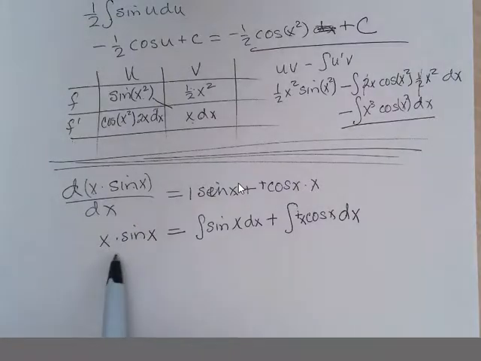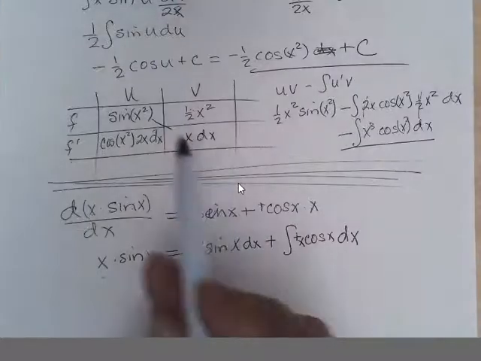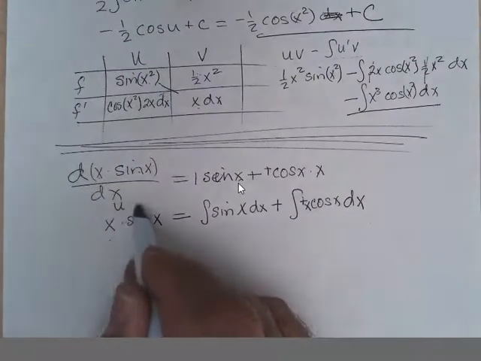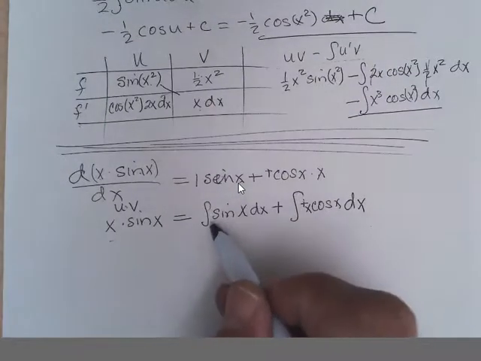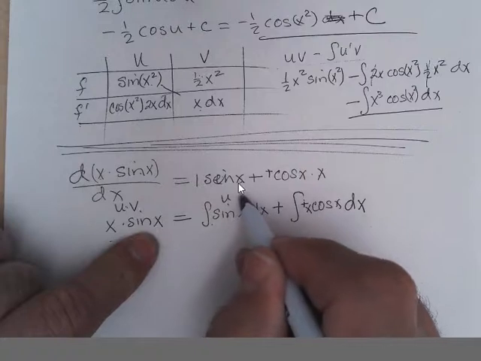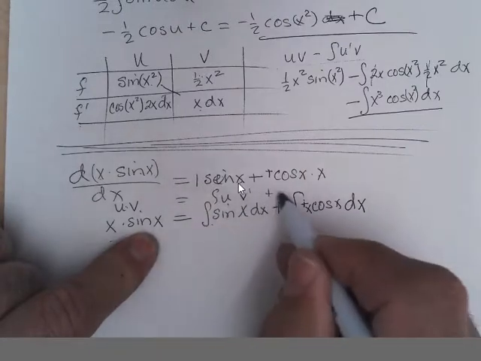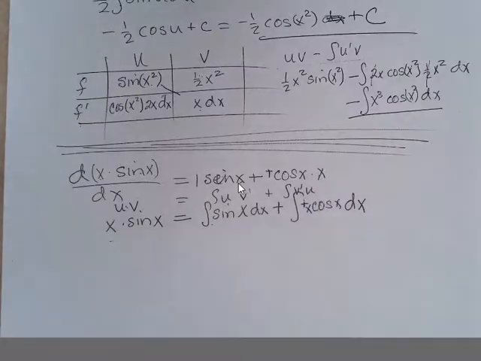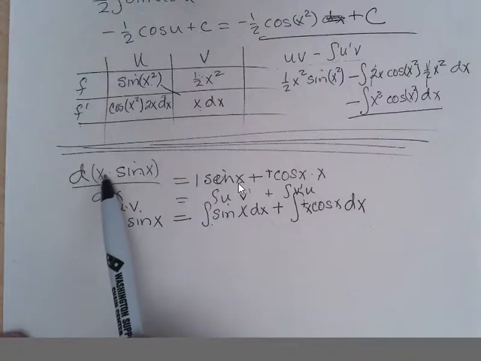So this, I claim, looks a lot like what this integration by parts formula is. It's the derivative of u times v is the antiderivative of u v prime plus the antiderivative of v prime u, and that's what we did here.